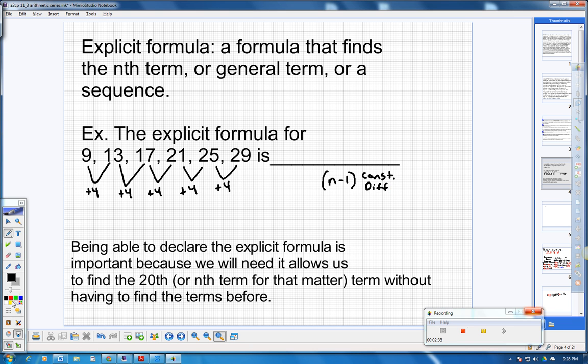And we must remember that starting value in there. Where do we start? So we take the start value and add it to that.